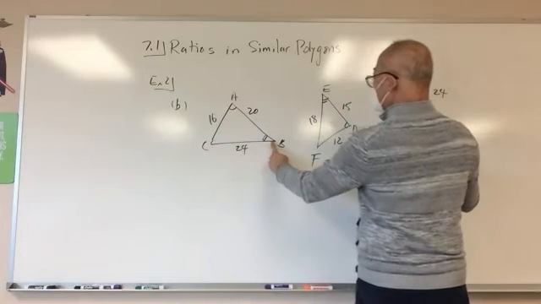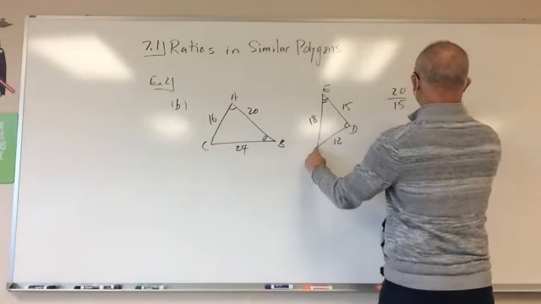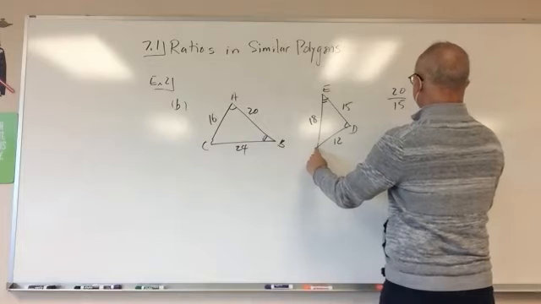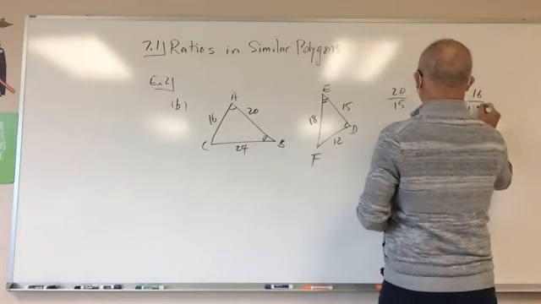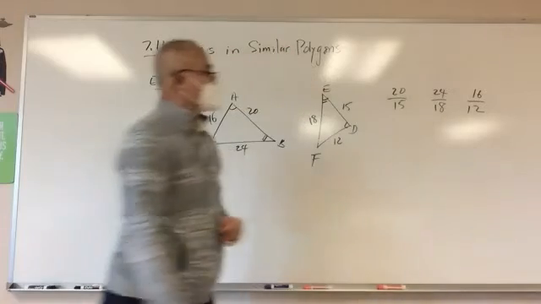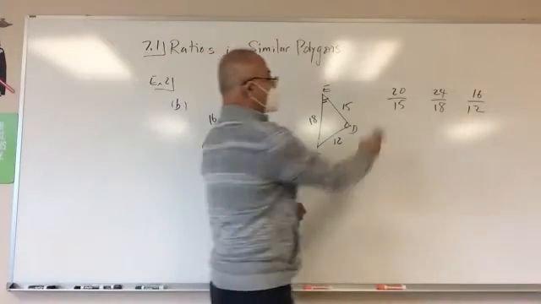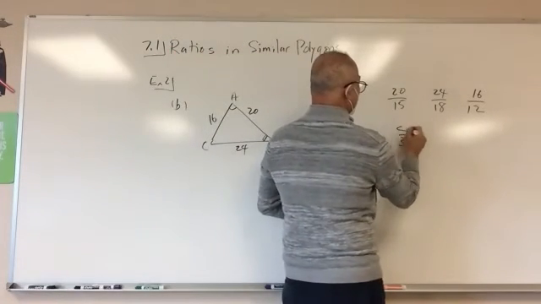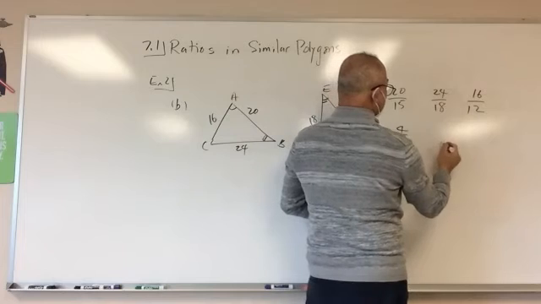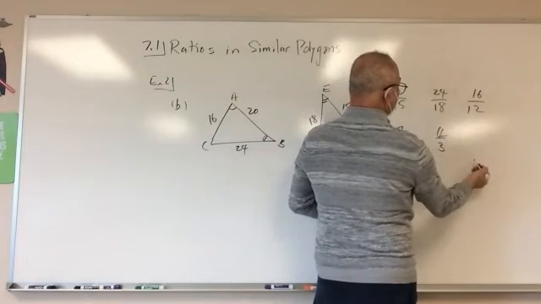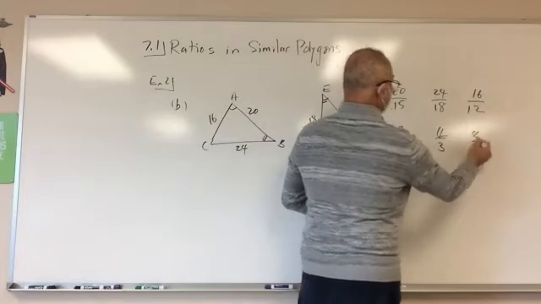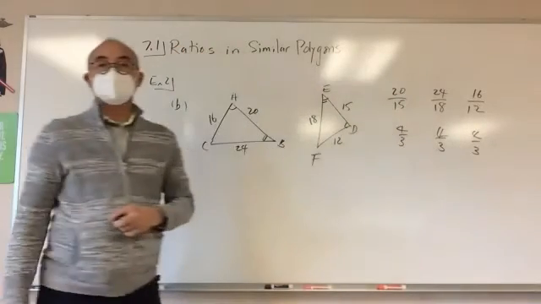So the corresponding part would be this guy to this guy, 18. And what do I have left over? 16 and 12. Are they all the same? Divide by 5, I get 3/4. By 6, divide by 4. Looks like they're all the same.